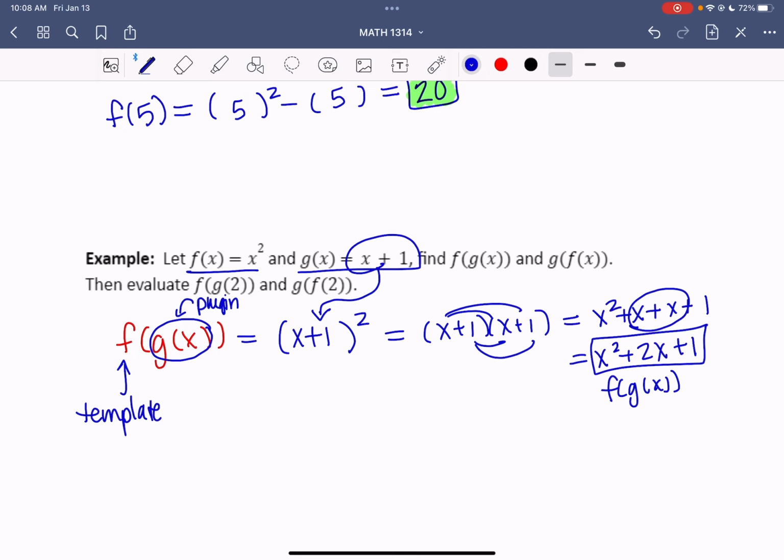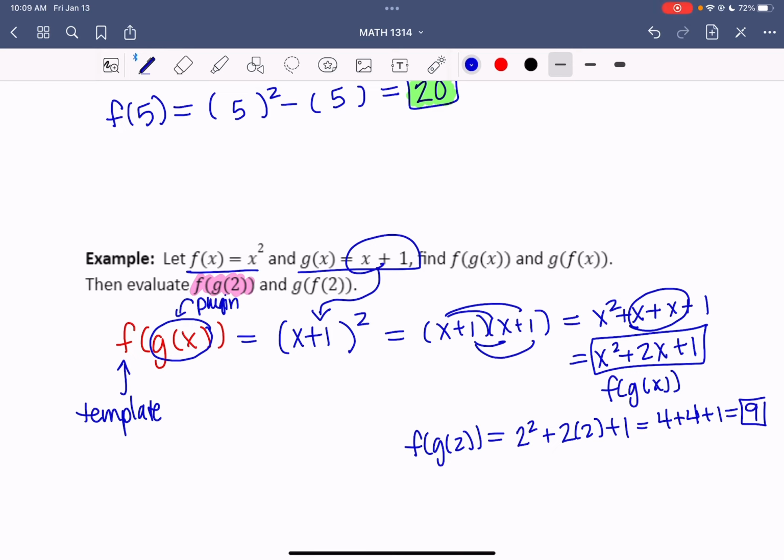Now I could do more with it. You see that I have f of g of 2 written right here. So if you wanted what is f of g of 2, I could totally plug that in. I'd plug 2 into this equation that I've created. So that gives me 4 plus 4 plus 1, so a total of 9.